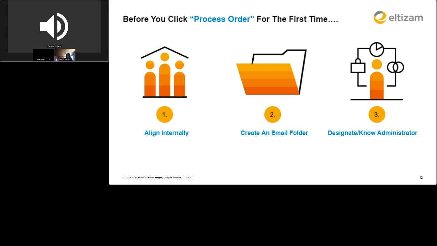But if your organization already has an account on Ariba network, then you need to contact the administrator responsible for the organization account in order to create a new username for you. This alignment is always required before you click on Process Order and create a new account for your organization in case you already have another account for another department.